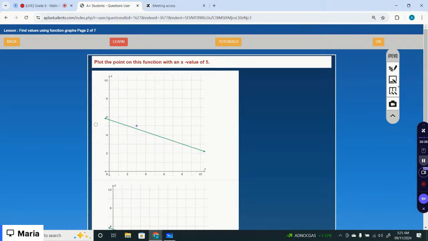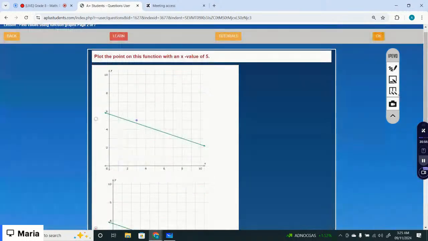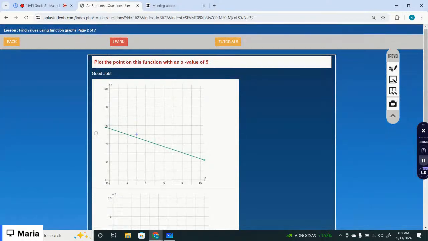Plot the point on this function with an x value of 5. Option number 2 is the correct option. Here is x equals 5, right? So option number 2 is the correct option.